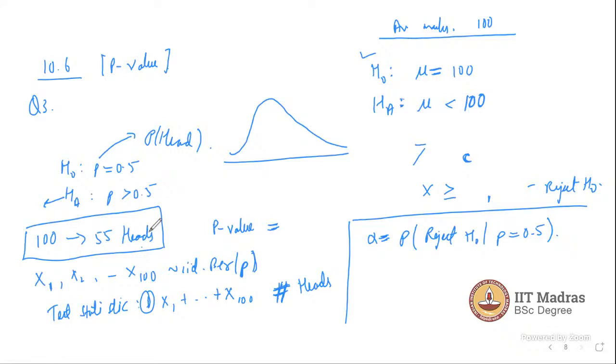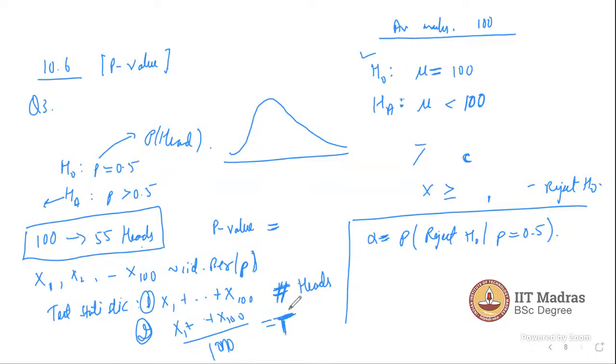So I can take x1 to x100, a binomial n, p. And the other thing I can take is x1 plus x2 up to x100 divided by n, divided by 100. This also I can take as my T.